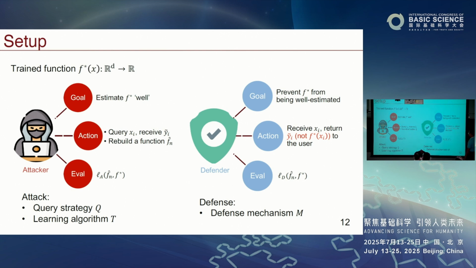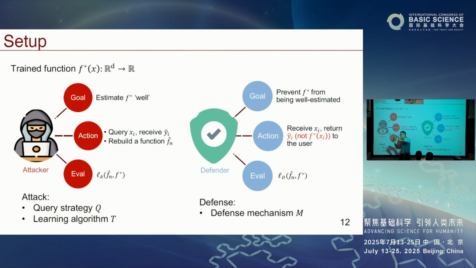From the defender's perspective, we want to prevent f star from being well estimated while providing good service. The action is that once we receive x_i, we return y_i tilde. We want to add some noise, otherwise, as we already saw, the model may be stolen quite easily. For the evaluation criterion, we put L_D to emphasize that from a defender's perspective I may have a different goal.